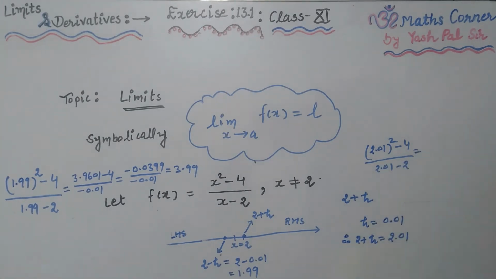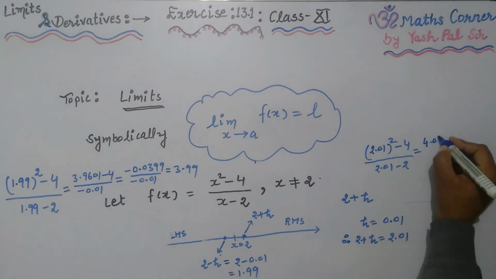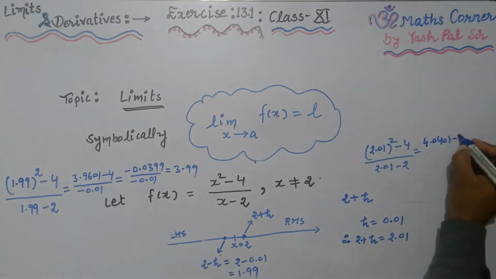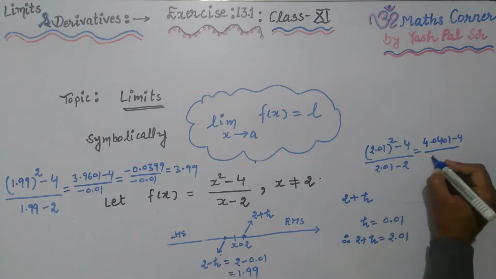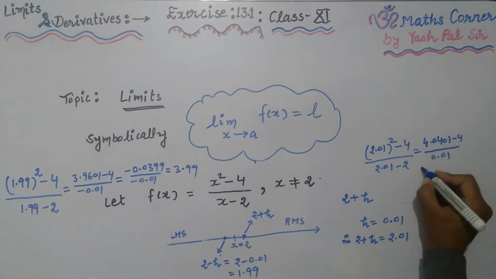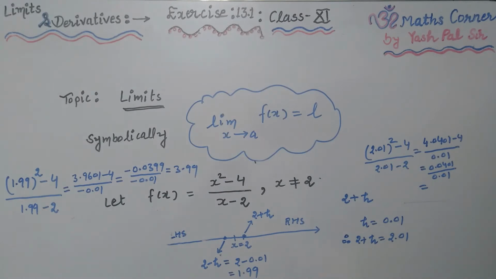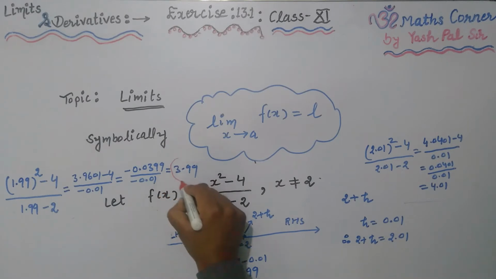This is equal to 4.0401 minus 4, which is 0.0401, divided by 0.01. Finally, the answer is 4.01.